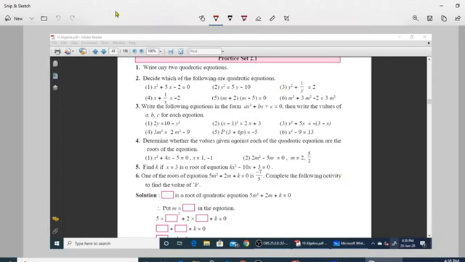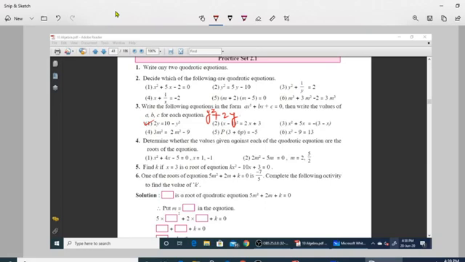We will take some questions from this, for example, this question number 1. 2y, this is minus y square. So here I can bring this minus y square to the left hand side. It will become plus y square. This side we have plus 2y equals, on the right hand side we have 10 more.